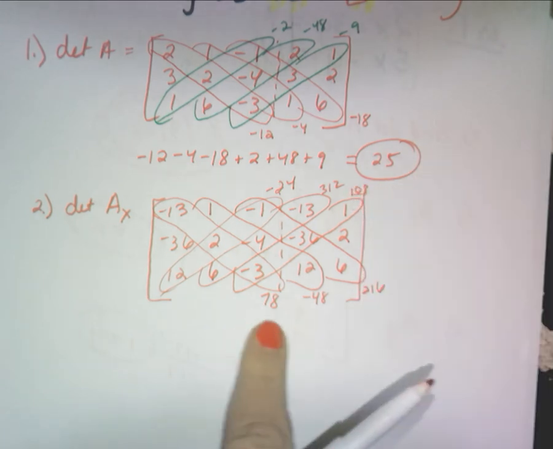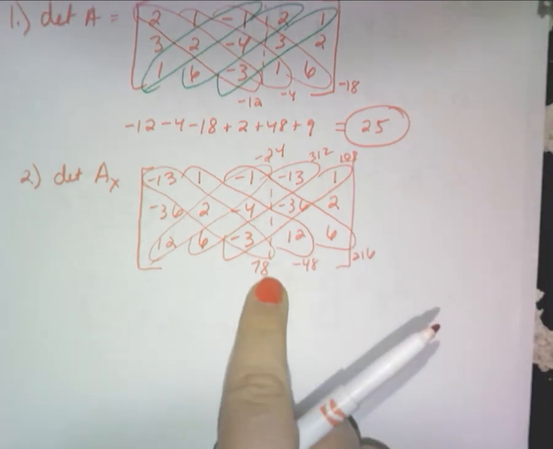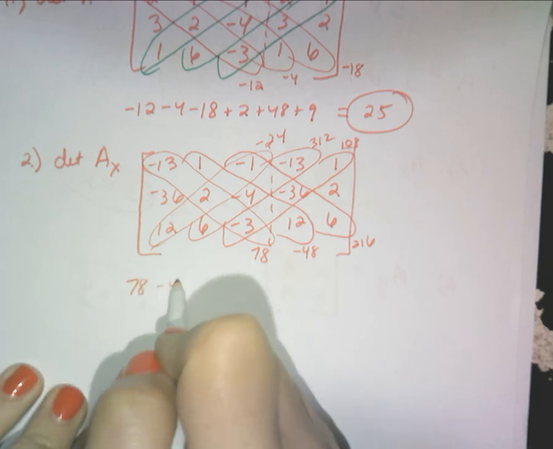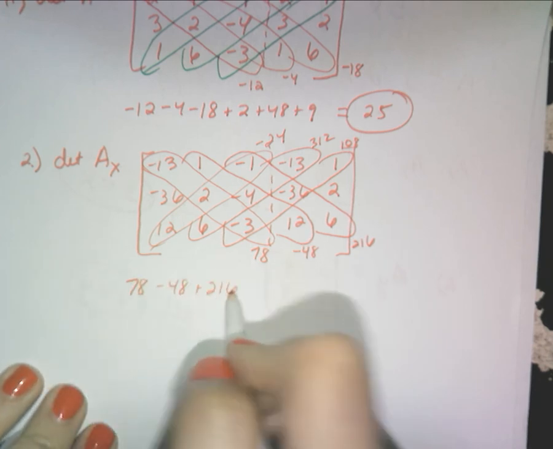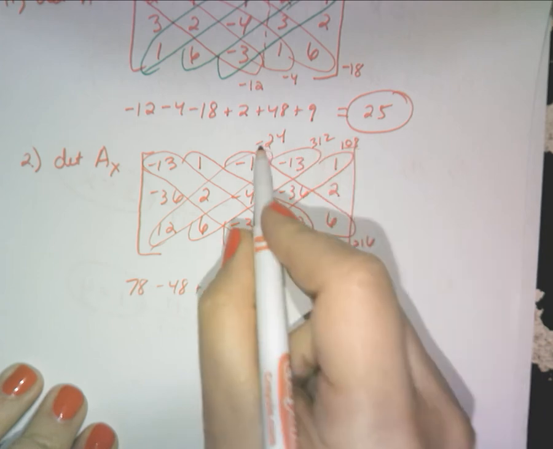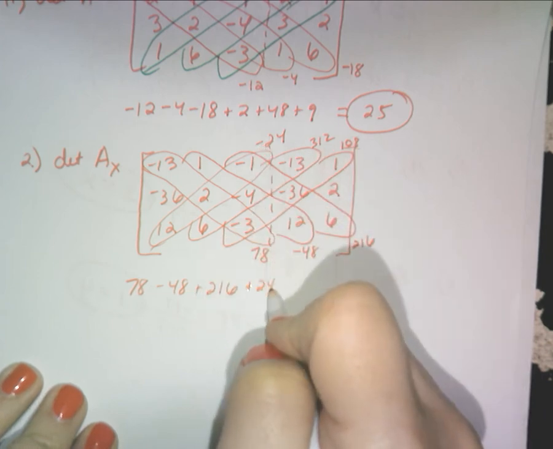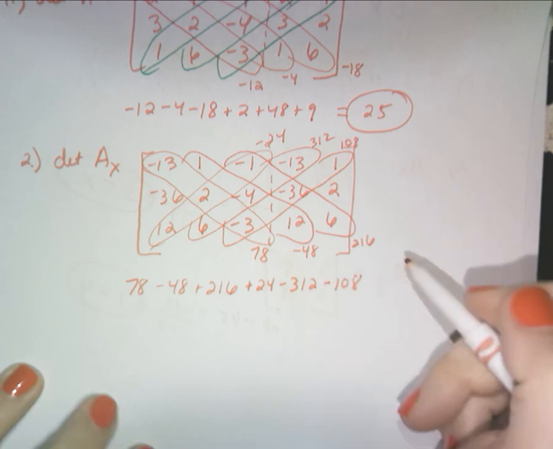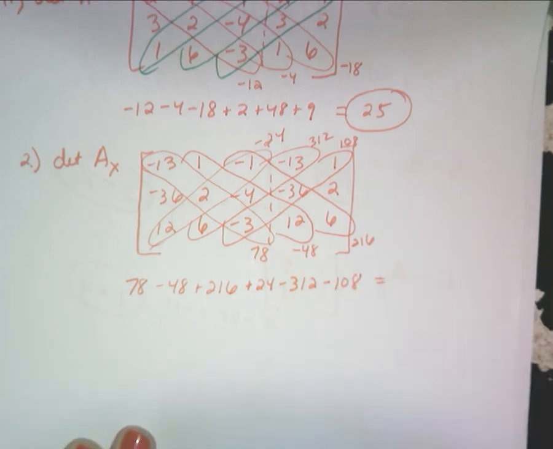And then just don't forget that you're always doing the bottom 3 numbers, add them together, combine them together, and then subtract the top. So change the signs on the top. So +24, -312, -108. And hopefully we get out an answer.